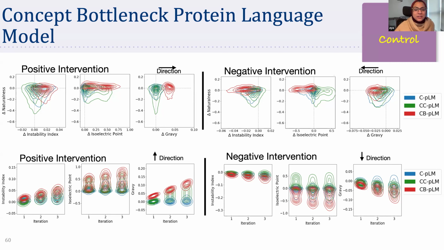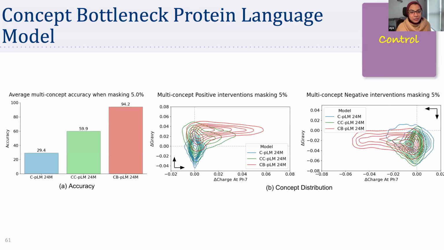And here, with every single iteration, the property went down because this was a negative intervention. That's what we would want. So it's good to see that we can continuously increase the property. And we also looked into increasing two properties at once. So here we changed, I think this was pH 7 and gravy.